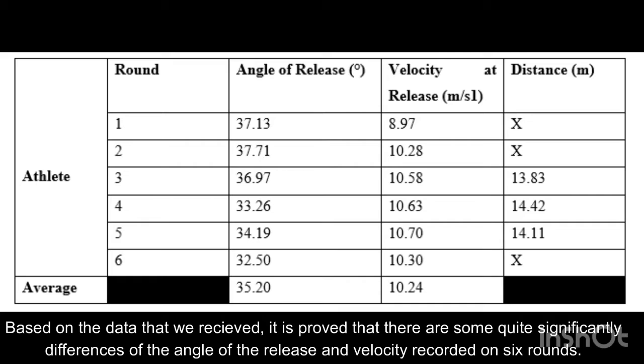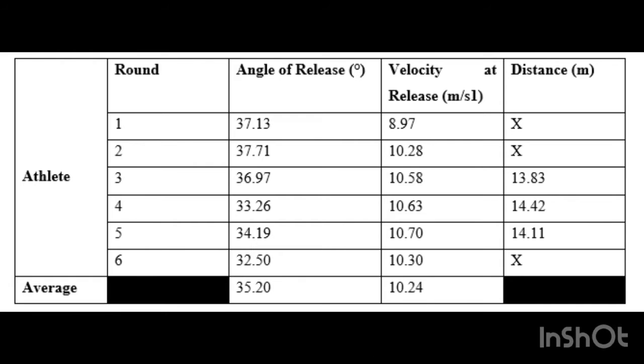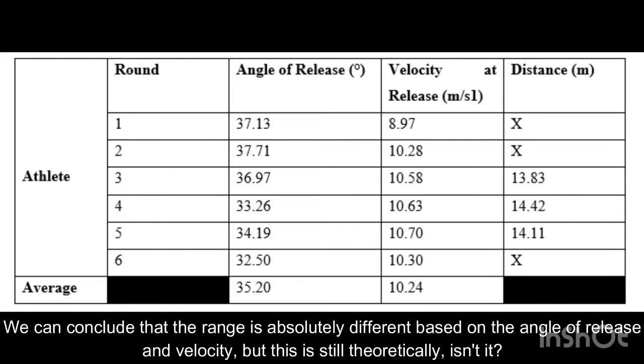Based on the data that we received, it proves that there are quite significant differences in the angle of release and the velocity recorded over 6 rounds. We can conclude that the range is absolutely different based on the angle of release and the velocity, but this is still theoretical, isn't it?